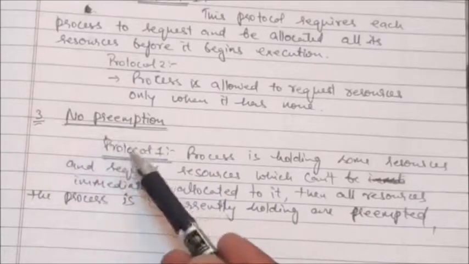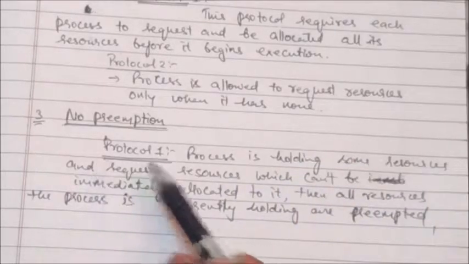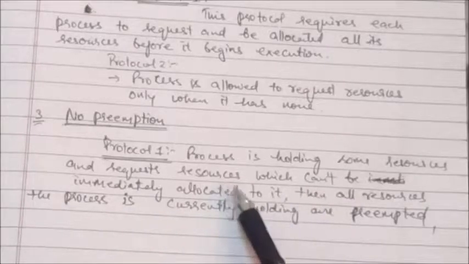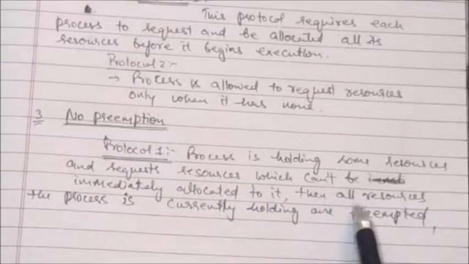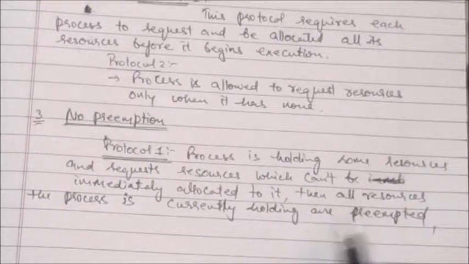According to the first protocol, if a process is holding some resources and requests another resource which cannot be immediately allocated to it, then all resources which the process is currently holding are preempted.